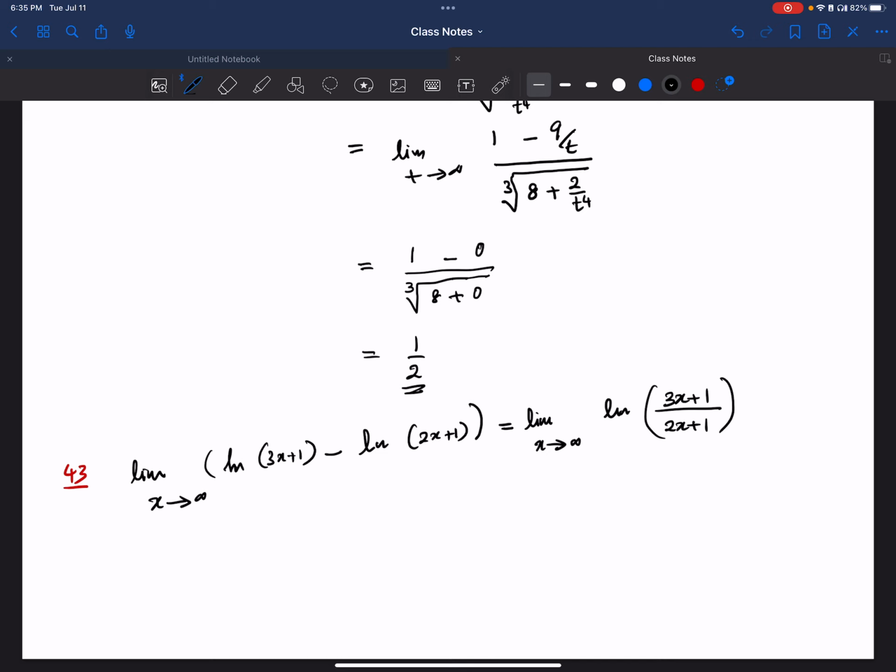And we can take the limit of a log as a log of a limit. It's a law that we learned previously. So we can move the limit inside.